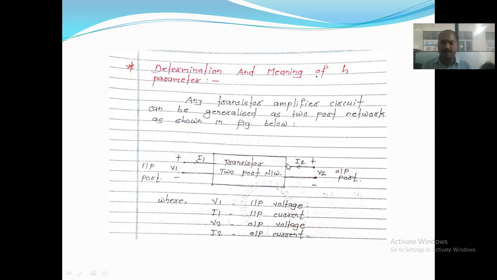Independent parameter means the parameter which doesn't depend on the other parameters. So in the above figure, V1 and I2 are called dependent parameters. The value of V1 and I2 depends on I1 and V2. This is the thing with respect to your two-port network, right?